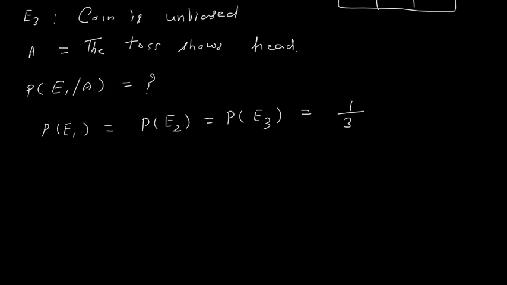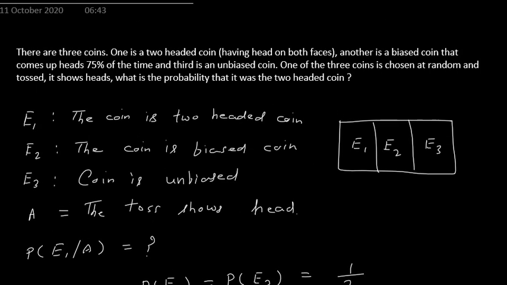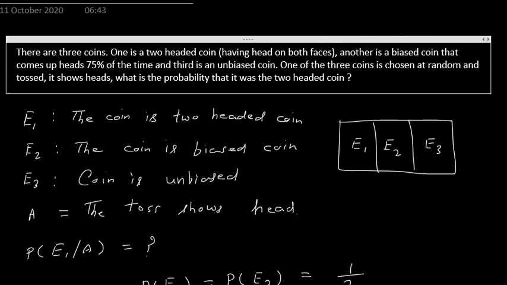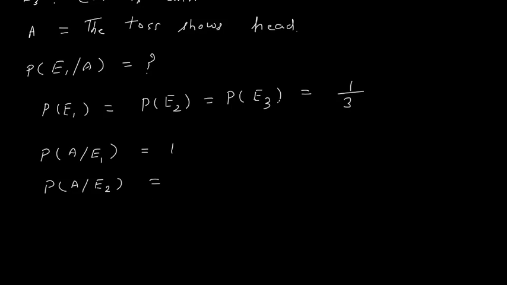Now the probability of getting head when it is known that it is a two-headed coin, so it is 100% probability. Probability of getting head when it is a biased coin, so for biased coin the probability of getting head is 75%, so 75 upon 100, that is 0.75, and the probability of getting head when it is an unbiased coin, we know that this is 1 by 2, half.